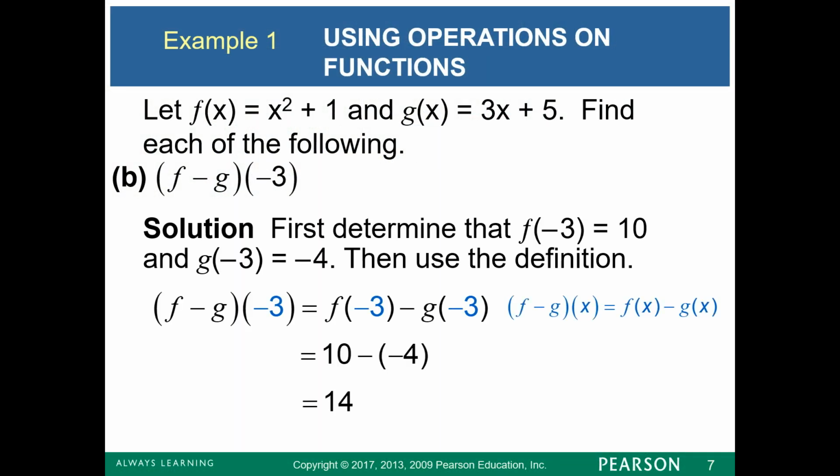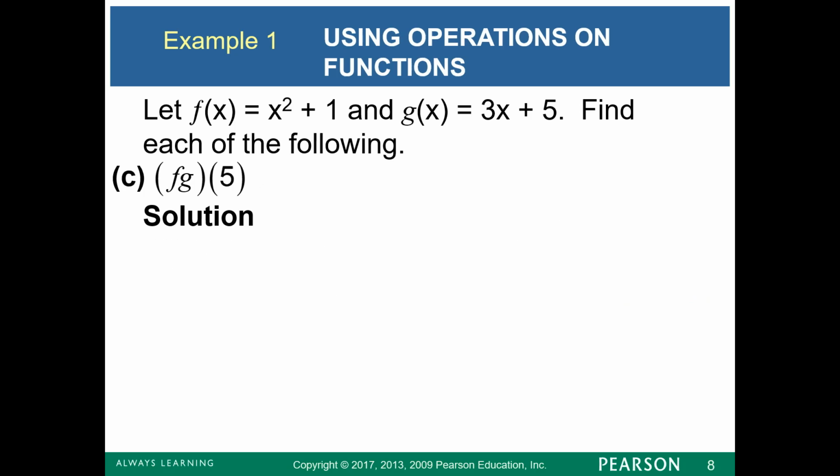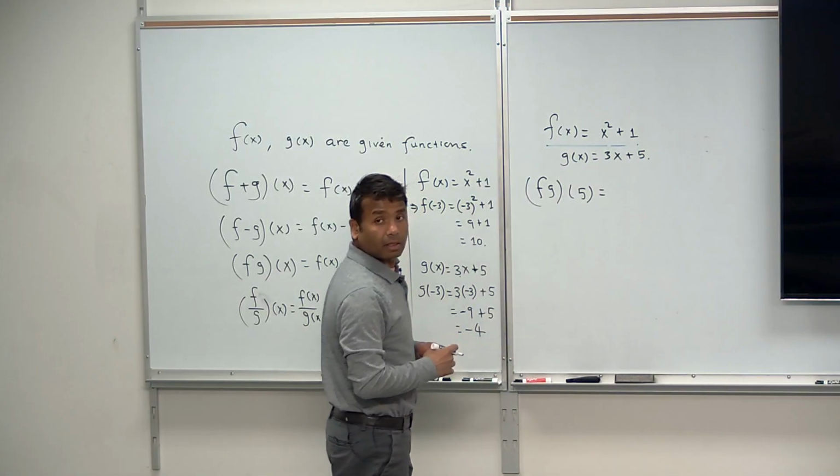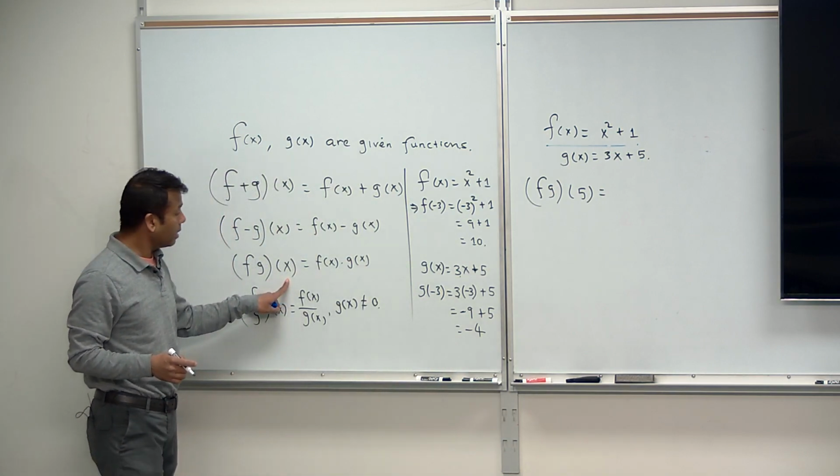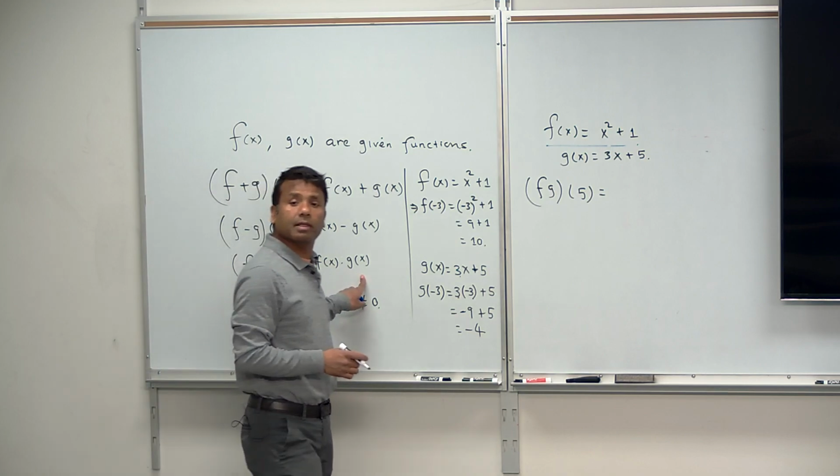So now, if you want to find (fg)(5), okay? If you want to find f times g of 5, by definition, (fg)(x), the product, is f(x) times g(x). Is that right?